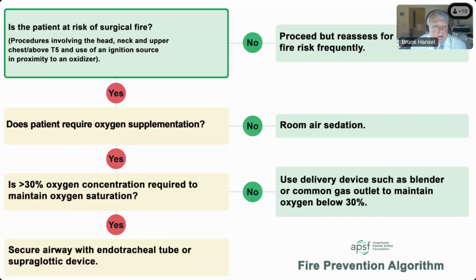Next is, is the oxygen concentration required to be above 30% to keep the hemoglobin of the patient saturated? And if the answer to that is no, use a delivery device such as a blender or the common gas outlet of the anesthesia machine to maintain oxygen below 30%.